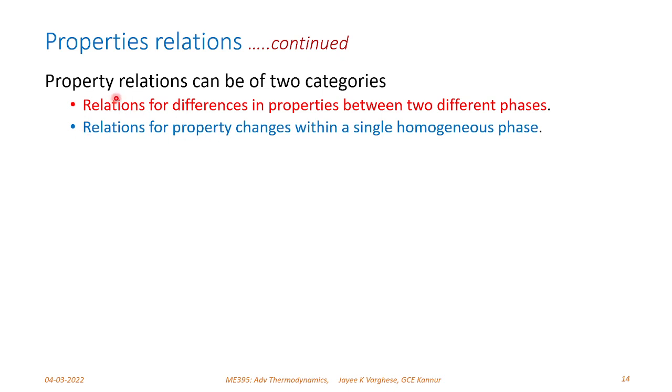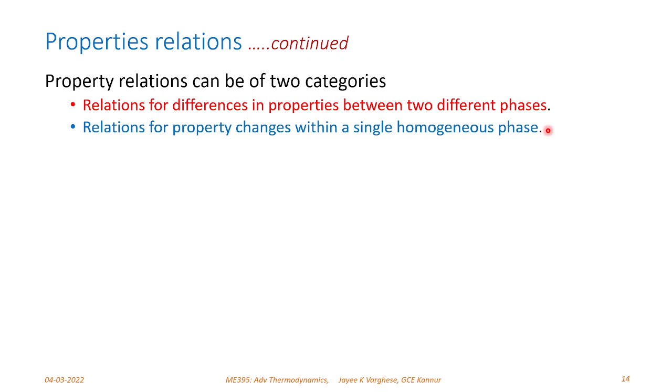So some of the property relations can be across a phase change, while other property relations are derived when the change takes place without a phase change, or the thermodynamic process takes place in a single homogeneous phase.